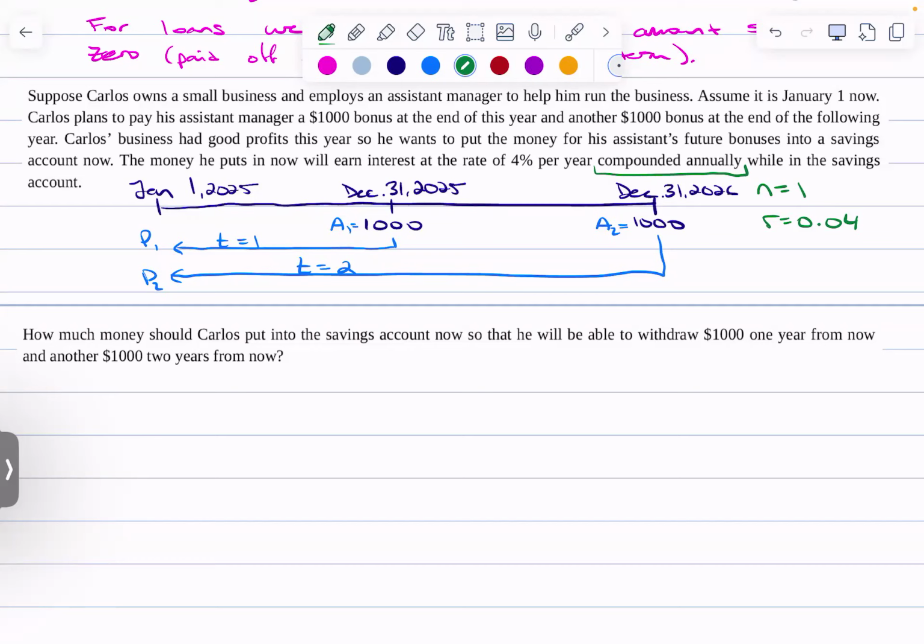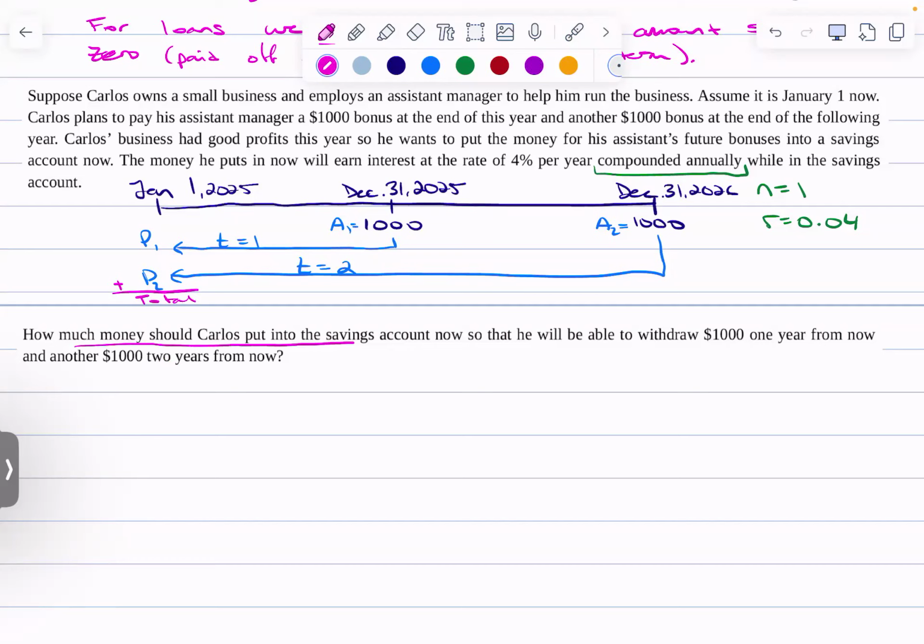How much money should Carlos put into the savings account now so that he will be able to withdraw $1,000 1 year from now and another $1,000 2 years from now? And so the sum of these is the total.